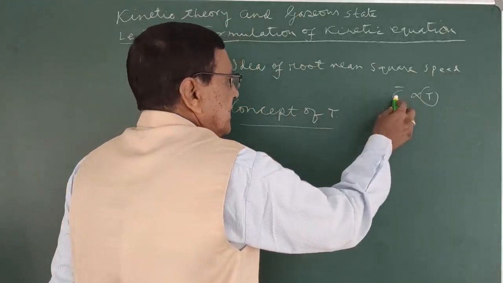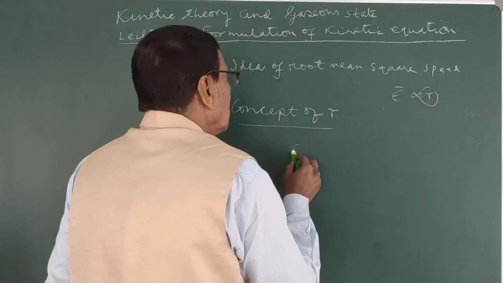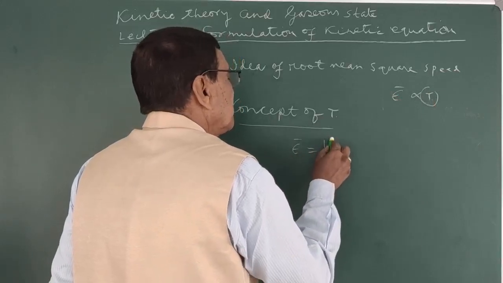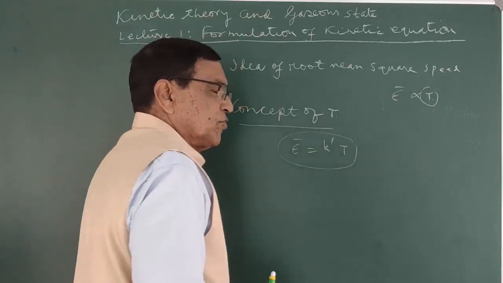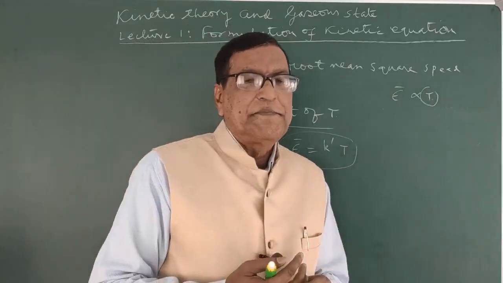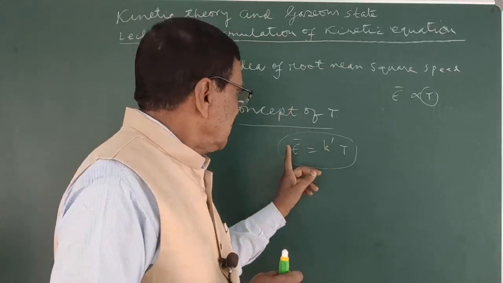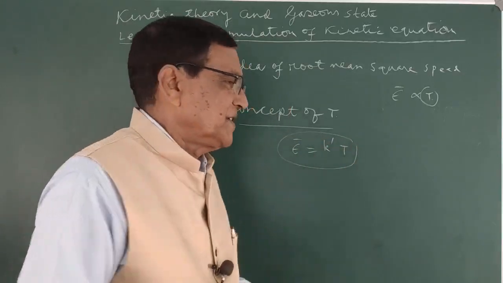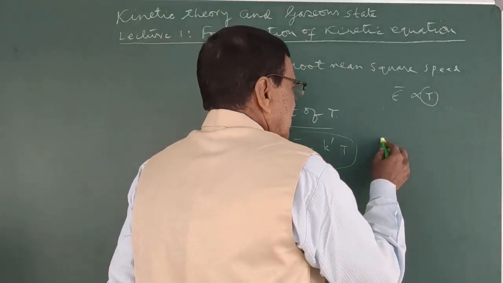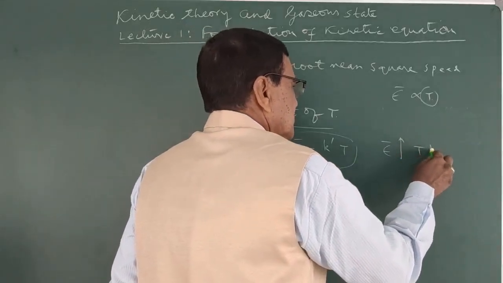So epsilon bar is proportional to T, or you can say epsilon bar equal to some constant into T. So whenever the average kinetic energy epsilon bar is increased, T is also increased.